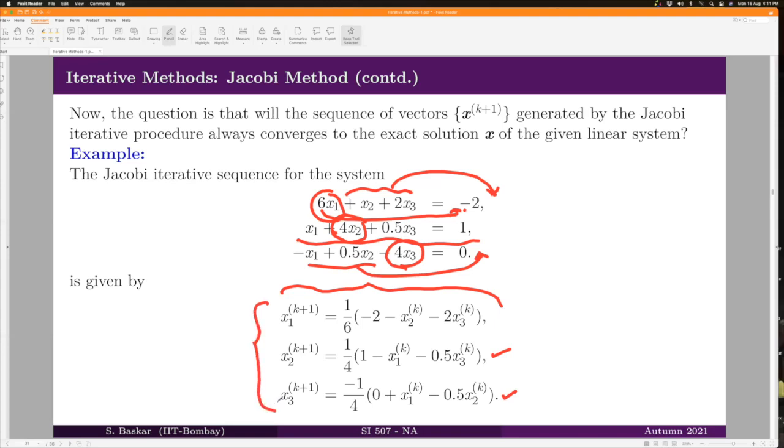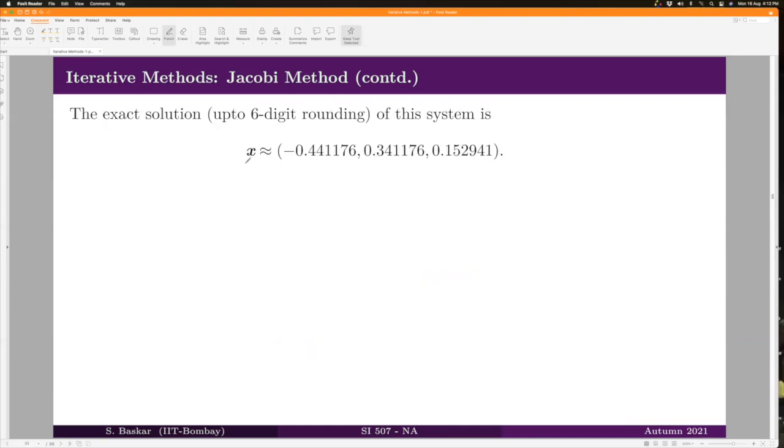You start with any x0, and you keep generating the terms of this sequence like this, and it goes on using these formulas. Now what we will do is start with some x0 and generate this sequence. Before that, let us also see the exact solution of this system. Up to 6-digit rounding, the system solution is given by this vector.